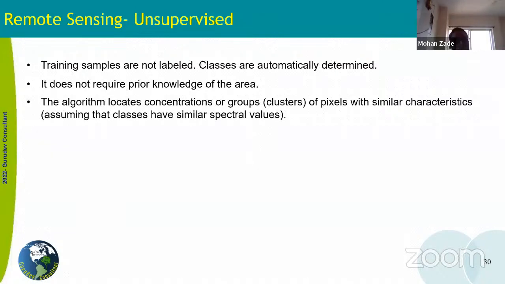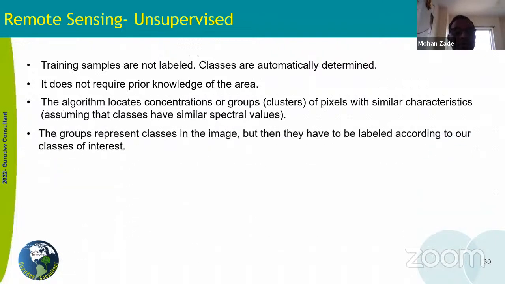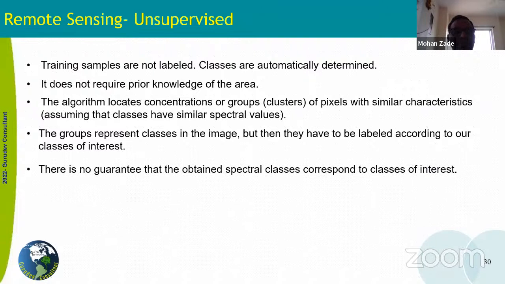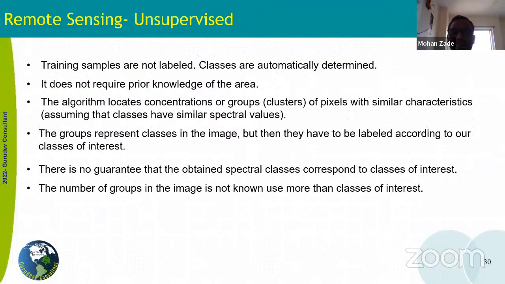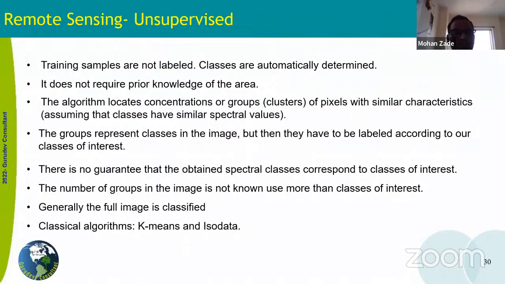It uses its own clustering algorithm methods to characterize the similar pixels and group them into one. The groups represent the classes in the images, and the classes are obtained. The most commonly known classification algorithms in unsupervised are K-means and ISODATA.